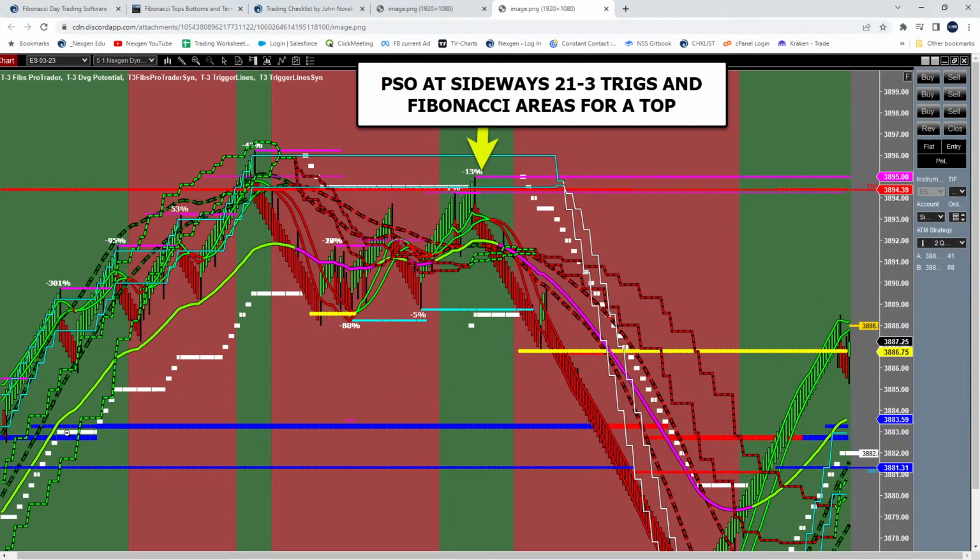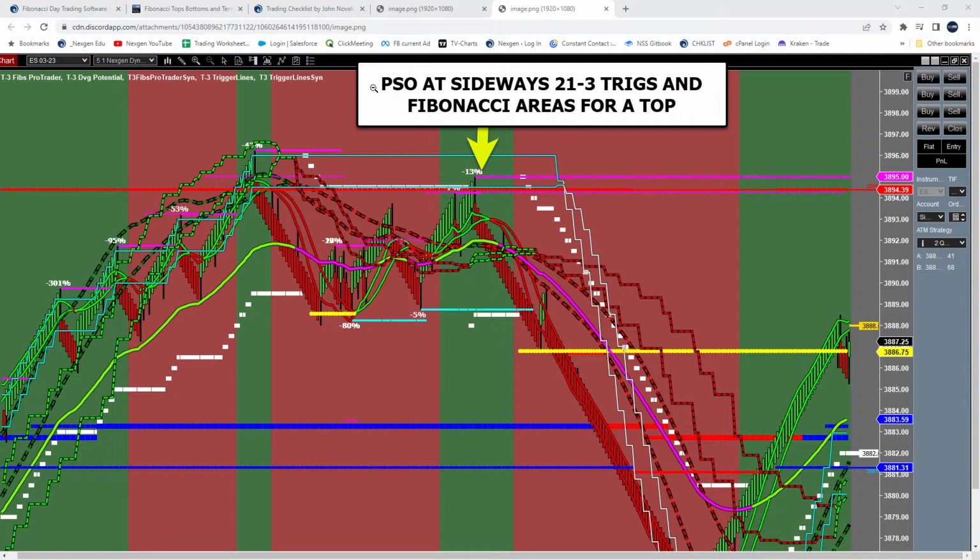For me, and again, look, this is me, but this is a pivot stop out. Can you see this? And this is one of the ways I've been using those 21-3 triggers that I superimpose. It's still a pivot stop out at Fibonacci resistance, which is a termination condition for us. But, you know, I've been studying this a lot.